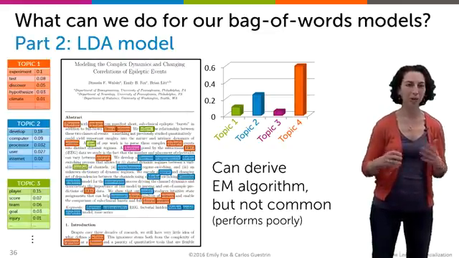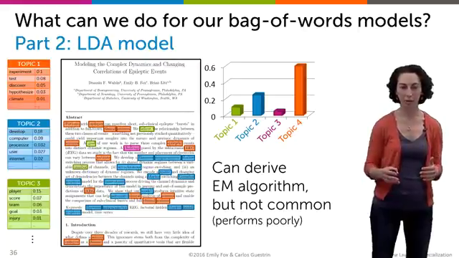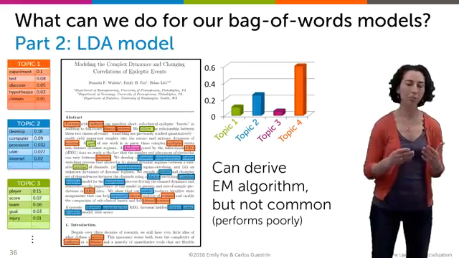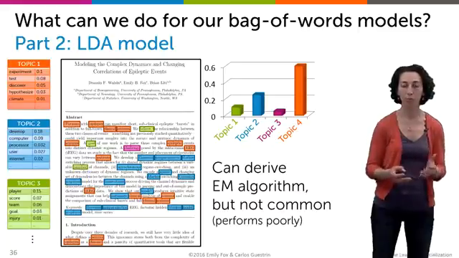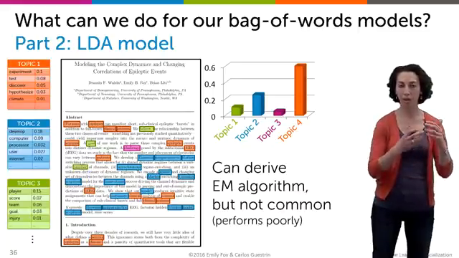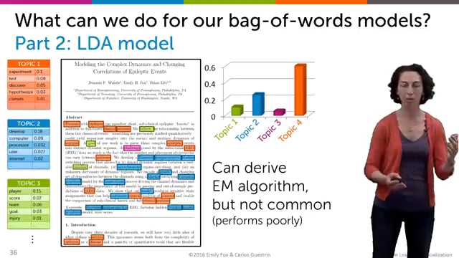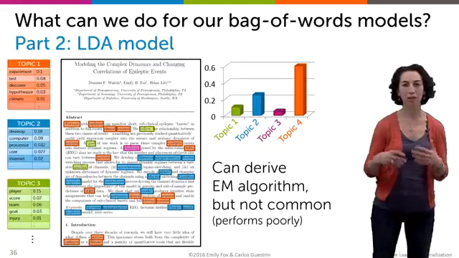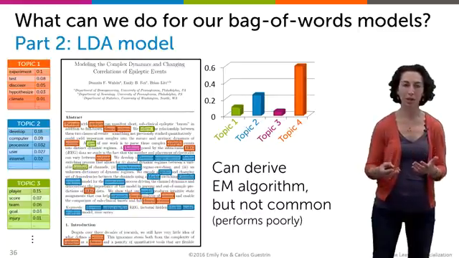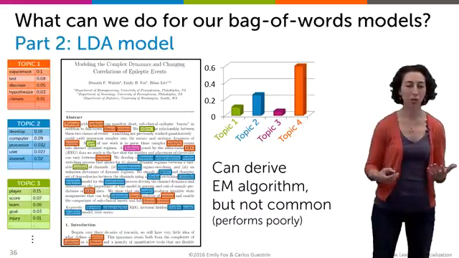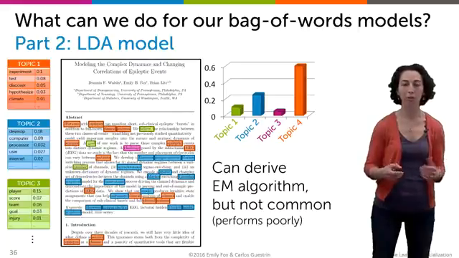Well, here we could derive an EM-style algorithm to perform maximum likelihood estimation of our model parameters, but this maximum likelihood estimation suffers from the same overfitting problem that we saw in the mixtures of Gaussians, and we talked about issues in high-dimensional spaces, but the issue of overfitting tends to be even more severe in LDA just because of the sheer number of parameters that we have to learn.